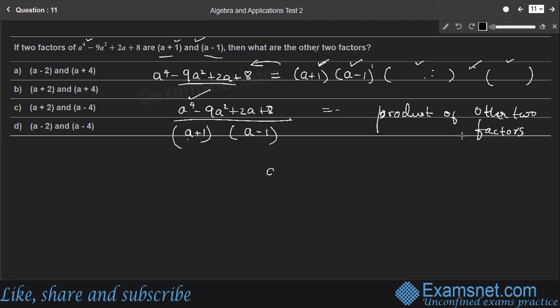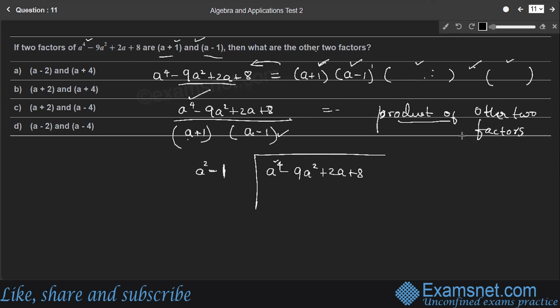So we'll consider a raised to 4 minus 9a square plus 2a plus 8 divided by a square minus 1, which is in the form of a plus b into a minus b, which is a square minus b square. So a square minus 1 is the product of the given two factors. So by the division method, we are going to find the product of the other two factors.